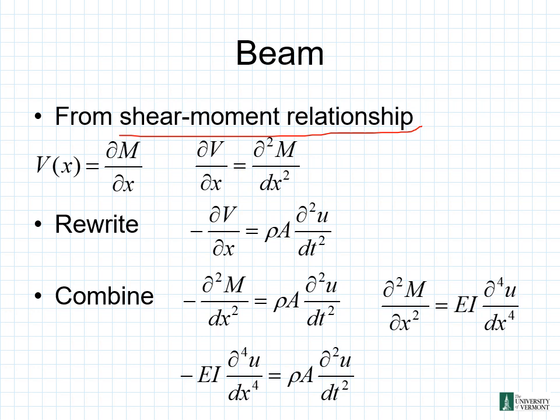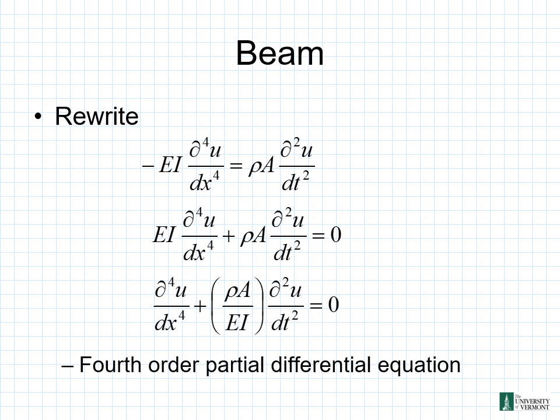So our delta squared M over dx squared is equal to our EI delta to the fourth u over dx to the fourth. And we finally end up down here with our last relationship: negative EI delta to the fourth u over dx to the fourth is equal to rho A times delta squared u over dt squared when we combine everything. So if we were to rewrite these equations here, we have the following relationship.